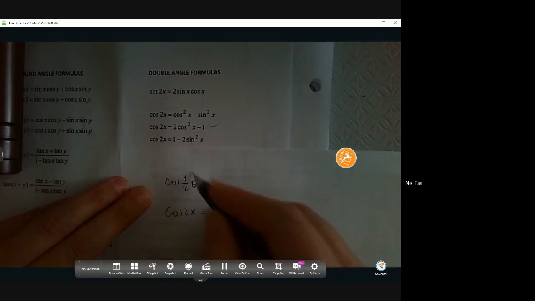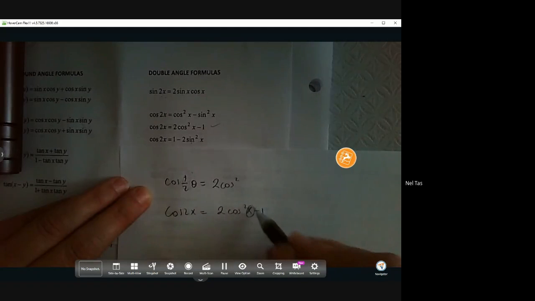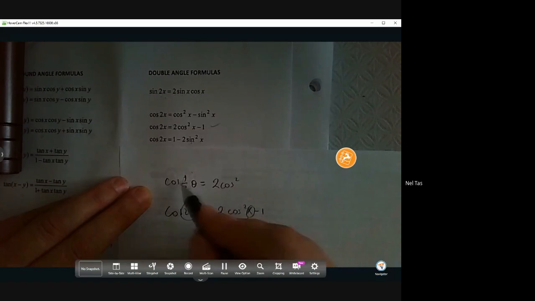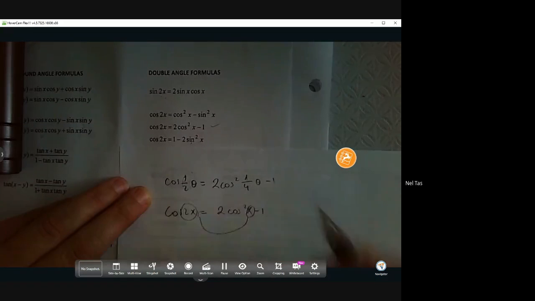So if you apply this to 1 over 2 theta, if your x is 1 over 2 theta, 2 cos square, so this angle is half of this angle. So half of 1 over 2 giving me 1 over 4 theta minus 1.